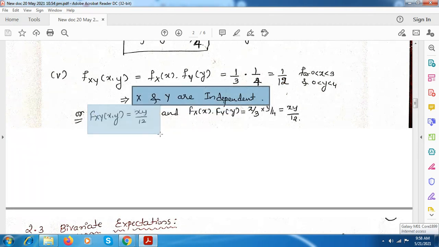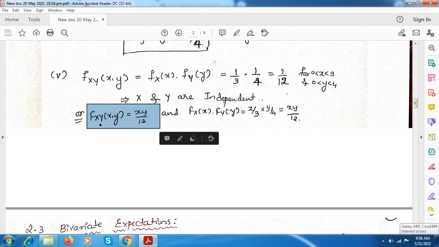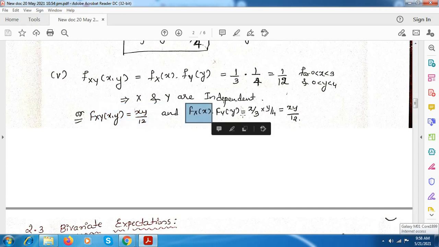Otherwise, you can also use the CDF formulas, wherein you have calculated Fxy, the bivariate CDF, to be xy divided by 12. Here, when y is equal to infinity, you have Fx of x, which is x by 3, and when x is equal to infinity, it is Fy of y, which is y by 4.